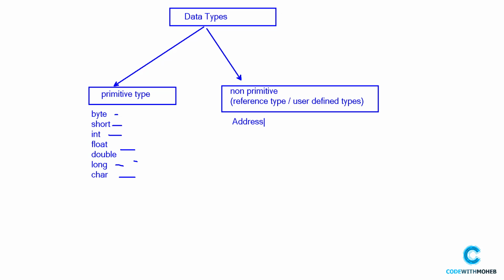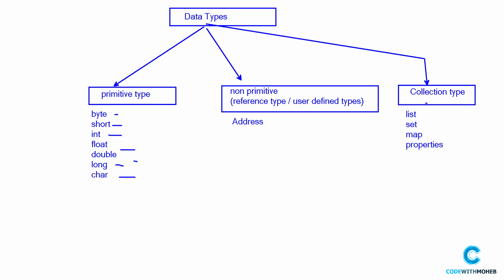This is the second type that IoC can inject, and the third one is called collection type. In collection type, we have list, set, map, and properties. These are the data types that the IoC container can inject from one class into another class.